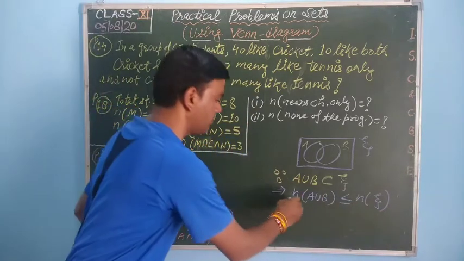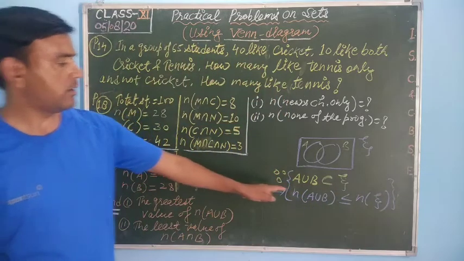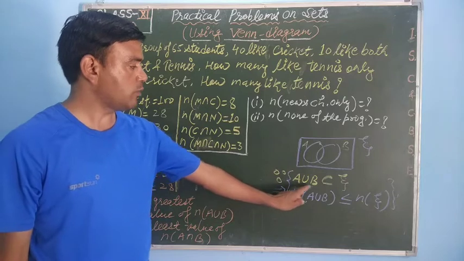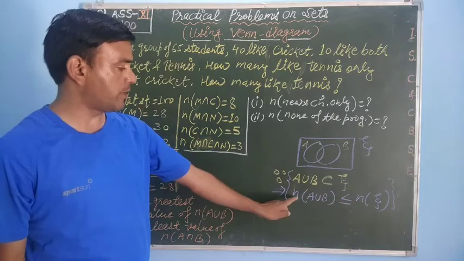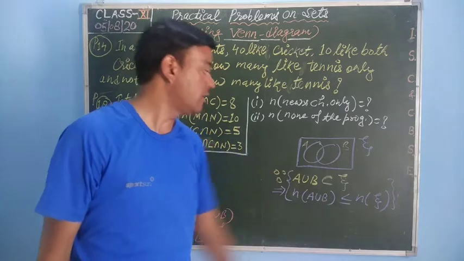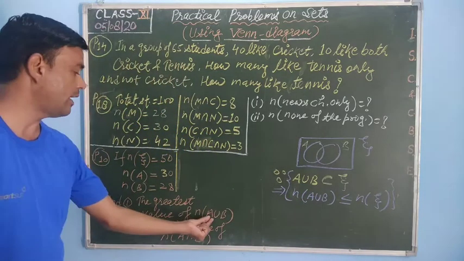You have to keep this in mind, students. This is a very important concept based on the Venn diagram. Using this concept, we can find the value of n(A union B).